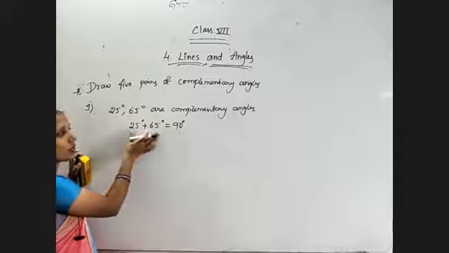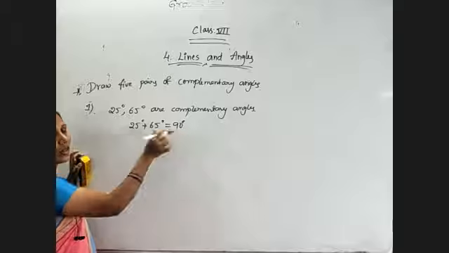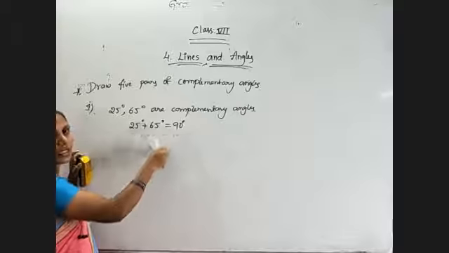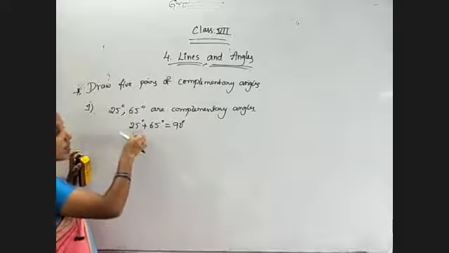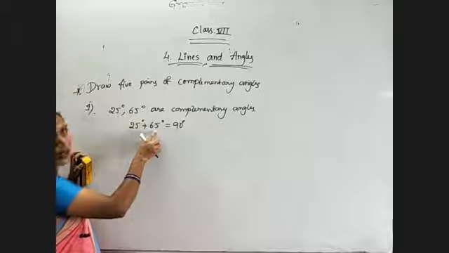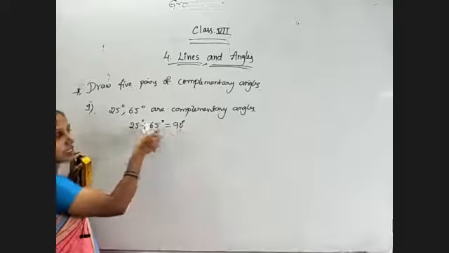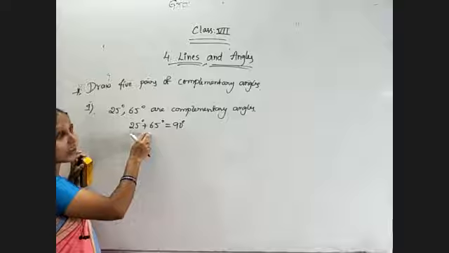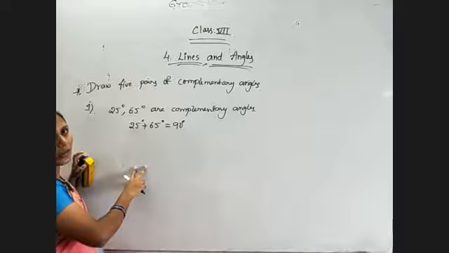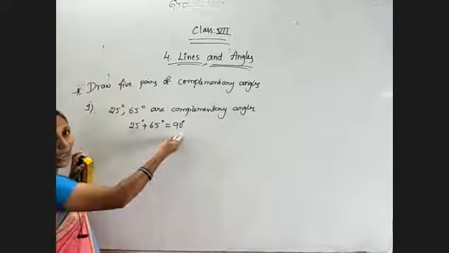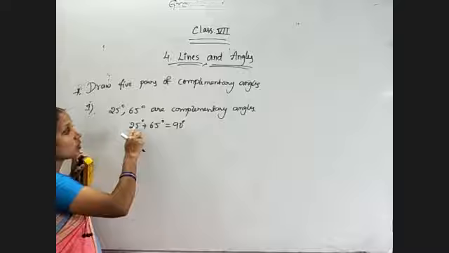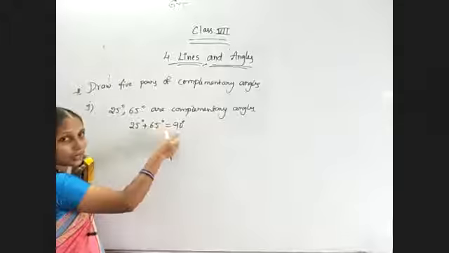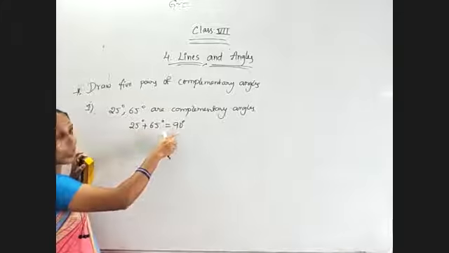So the sum of two acute angles can be equal to 90 degrees. Two acute angles only can form a complementary pair.